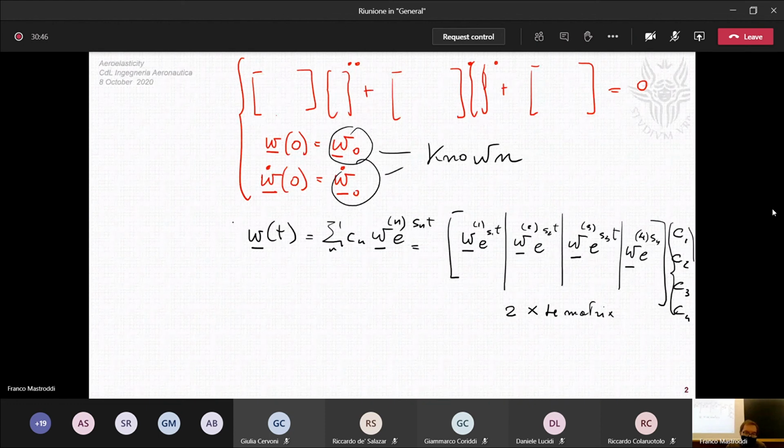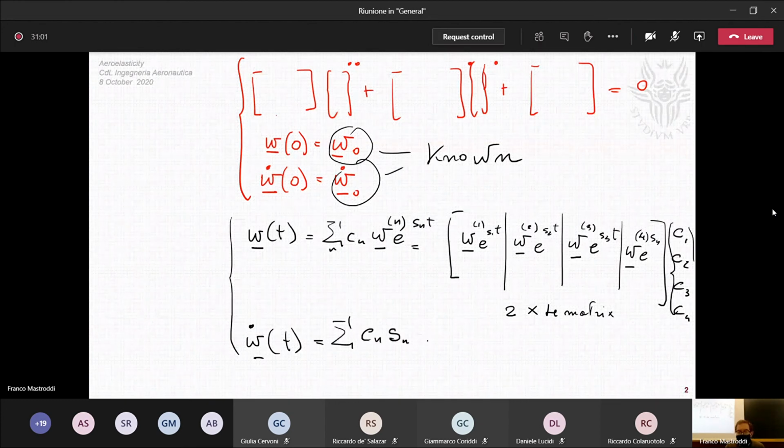You can do the same for the velocity. And here you have clearly the summation of Cn Sn Wn e to the power Snt.